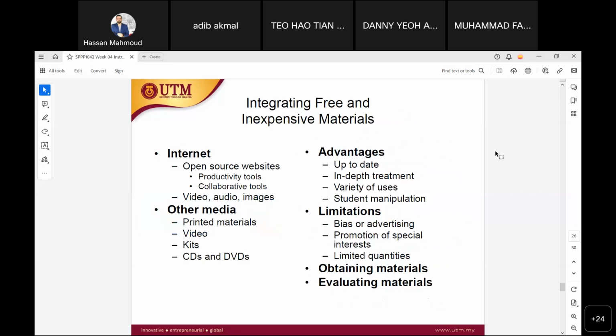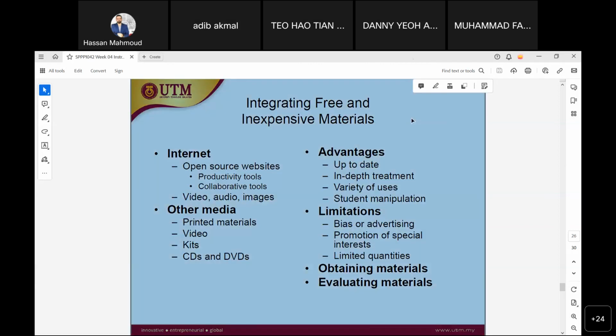Now, integrating free and expensive materials inside your classroom could be very challenging because we want to make sure that we are not misleading our students. It's very important, especially nowadays.